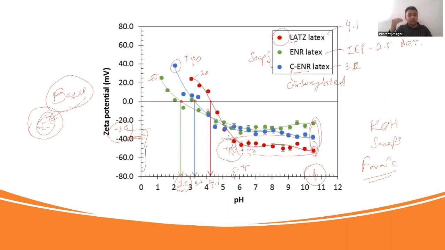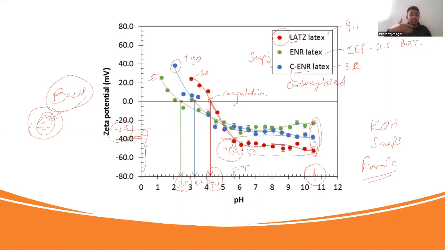It is more stable. After passing this pH value, when I add acid further, you can see a dramatic increase in zeta potential, and it becomes 0 at this pH value, where coagulation takes place.